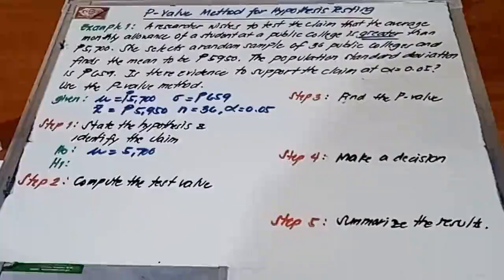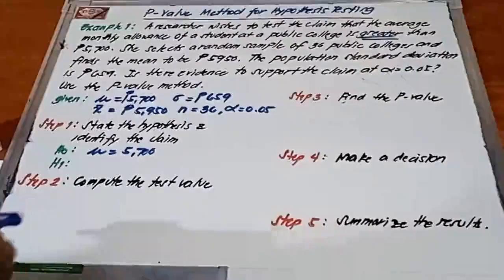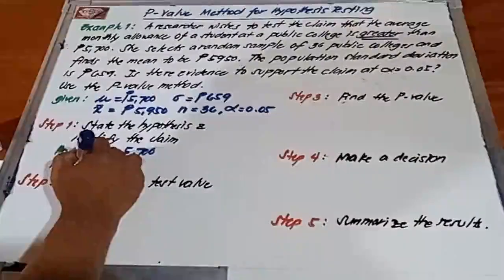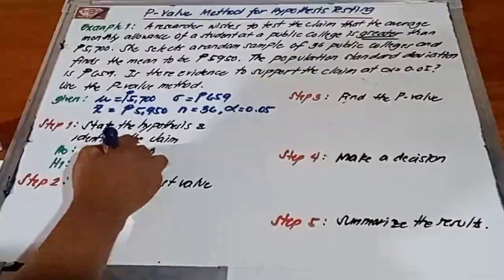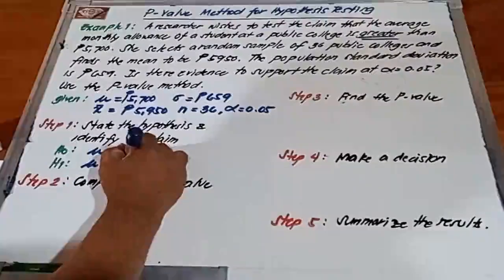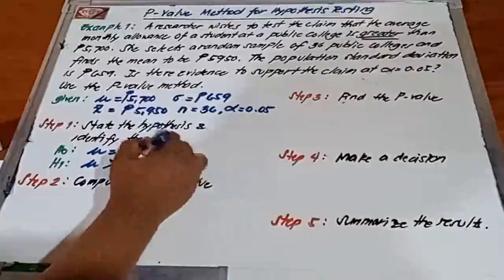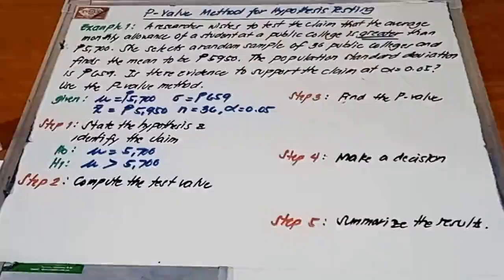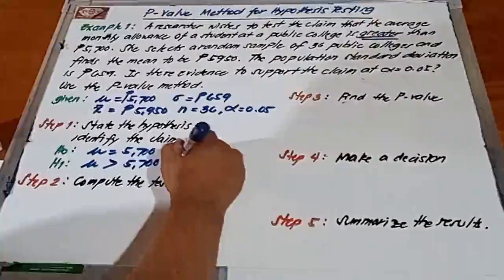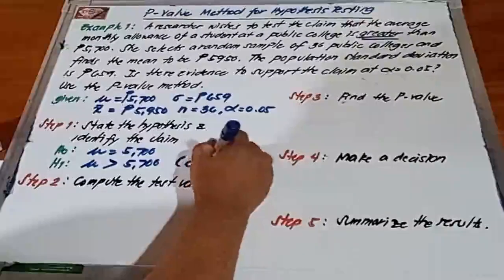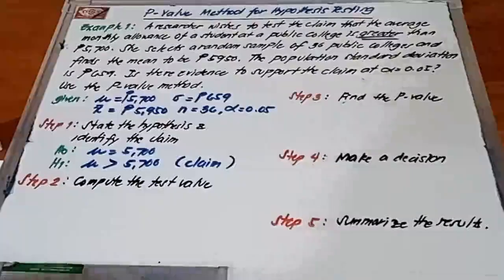So ang claim niya mas malaki kesa sa 5,700 pesos. Therefore, our alternative hypothesis is mu is greater than 5,700 pesos. Okay? So ito yung claim of the researcher. Mas mataas kesa sa population ang monthly allowance ng isang estudyante sa public college.